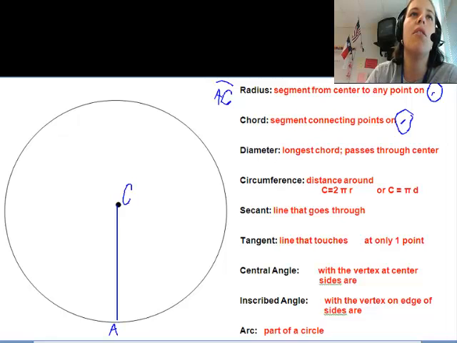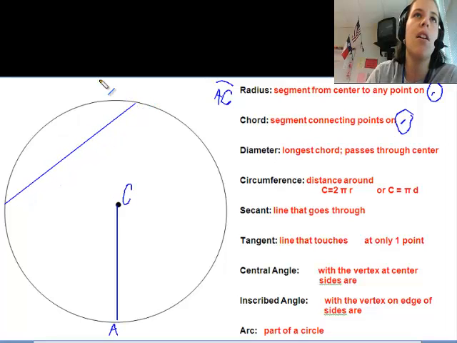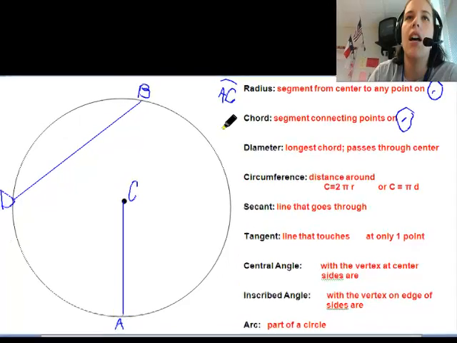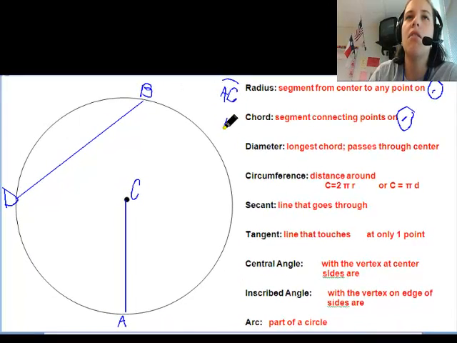And let's connect from about here all the way to there. Okay? We'll give those 2 points some names. AC is not a chord because it doesn't go all the way to the other edge of the circle.